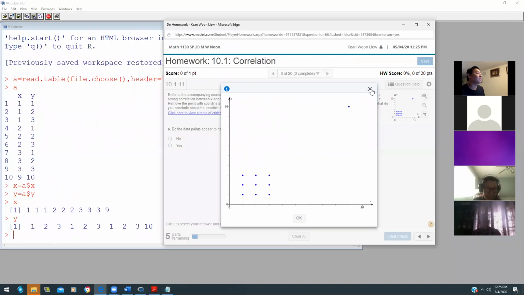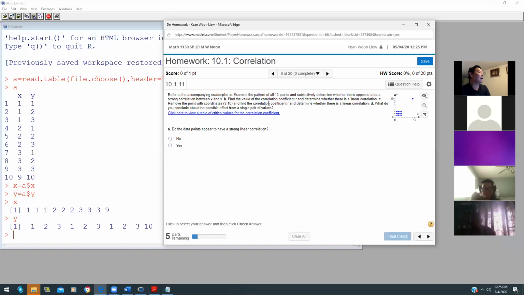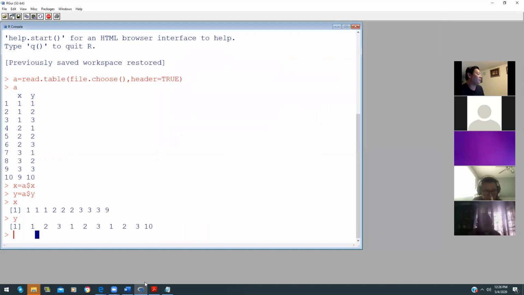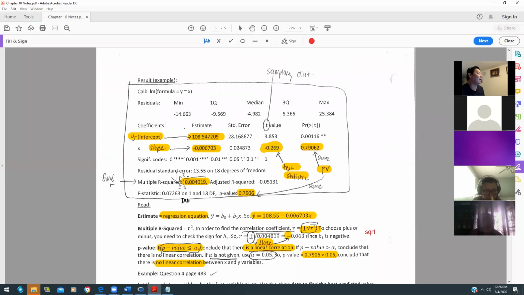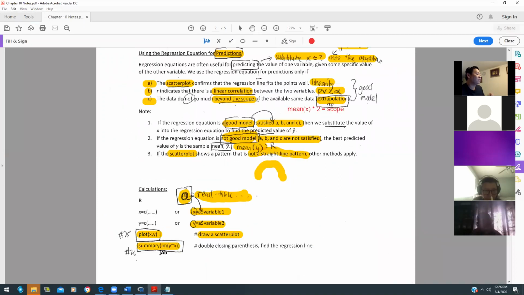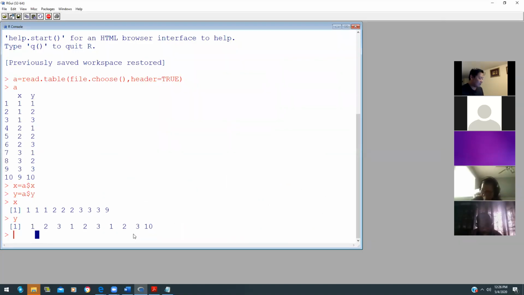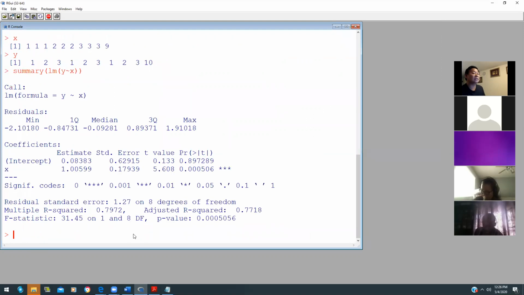So what does the question want us to find? Do these data points appear to have a strong linear correlation? So this one wants a linear correlation. In order for us to do that, you have to type in summary(lm(y ~ x)), with 2 closing parentheses here.